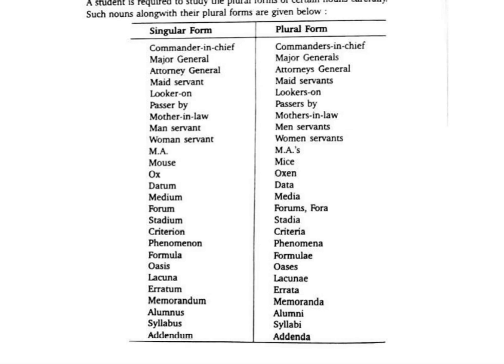Alumnus, alumni: if it's one, then it's alumnus, whereas in the case of plural, alumni. Syllabus, syllabi. Addendum, addenda.